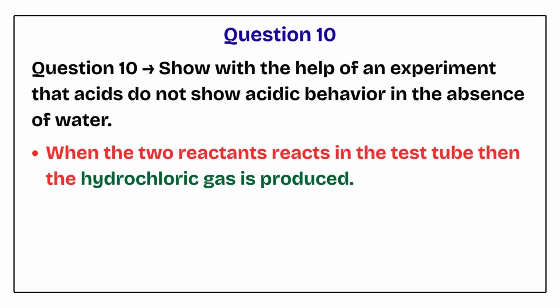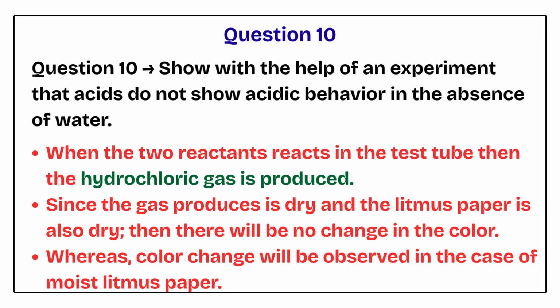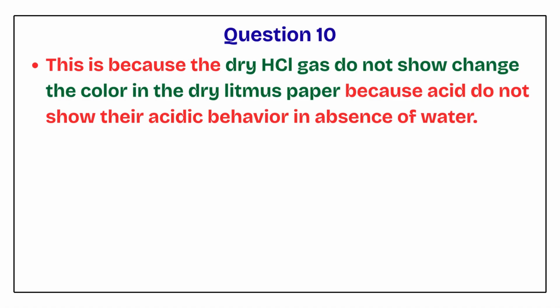When the two reactants react in this test tube, hydrochloric acid gas is produced. Since the gas is dry and the litmus paper is also dry, there will be no change in color. Whereas if we take a moist litmus paper, a color change is observed. This is because dry HCl gas does not change the color of dry litmus paper, as acids don't show their acidic behavior in the absence of water.